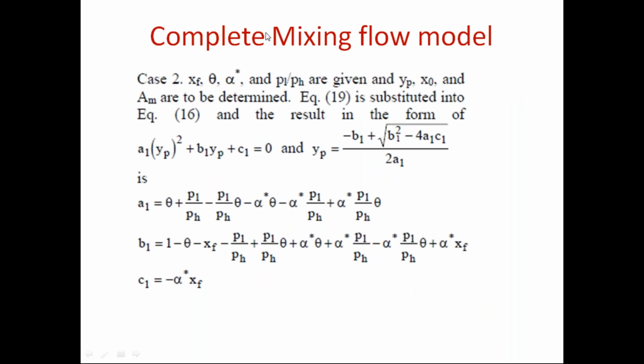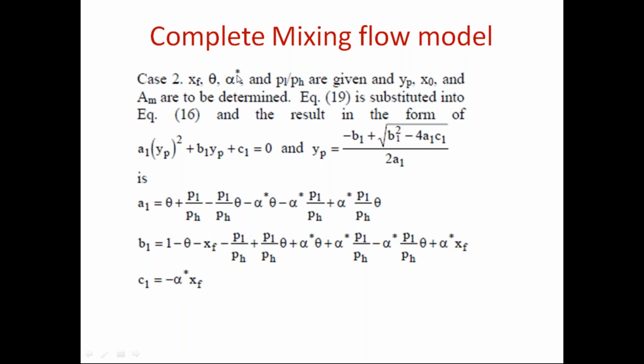And in certain cases, you may know XF and theta, because a given product quantity has to be separated from a given volume. So the theta cut is known, the system is known, and the PL by PH operating conditions are known. So this is the specification. XF and alpha star are the system.